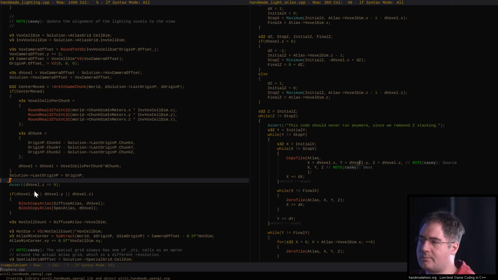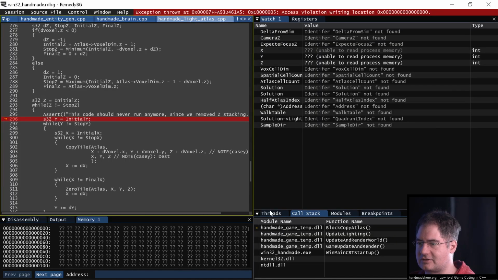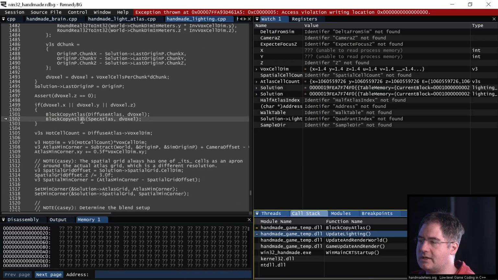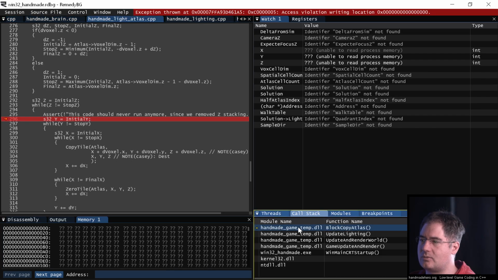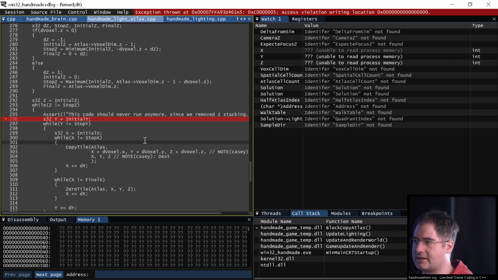So we're never passing a dvoxel Z as far as we know, because this assertion should fire, unless there's somewhere else that calls block copy atlas. I guess I should double check the call stack, but I assume it does. So if dvoxel dot Z here is always 0, what is happening?